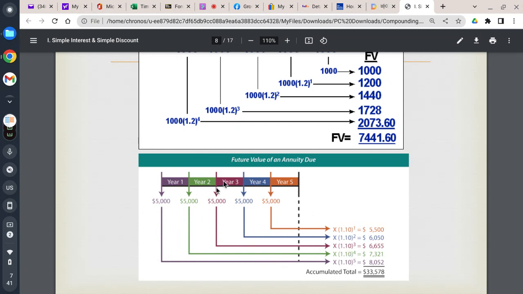Second deposit 4 times. Even the last deposit earns interest 1 time, because you're making that deposit at the beginning of the year. The only difference between the two is that every deposit earns interest one more time than in the case above. Now, the case above is called an ordinary annuity.